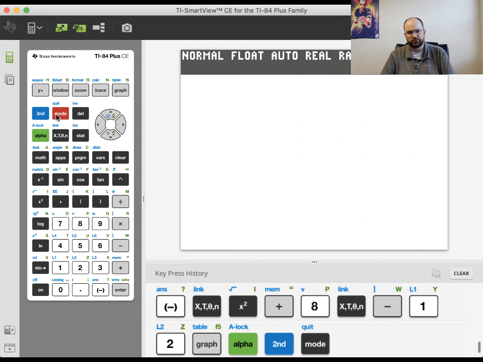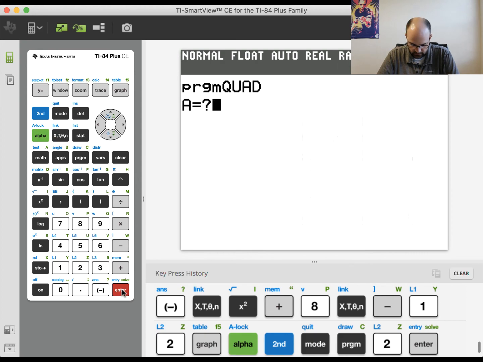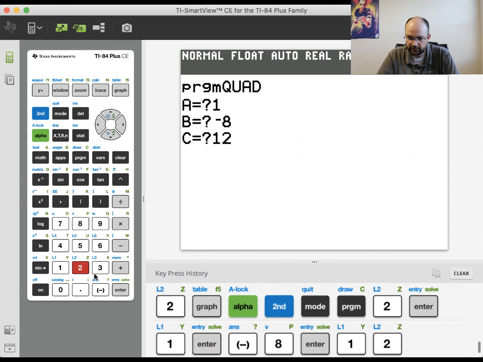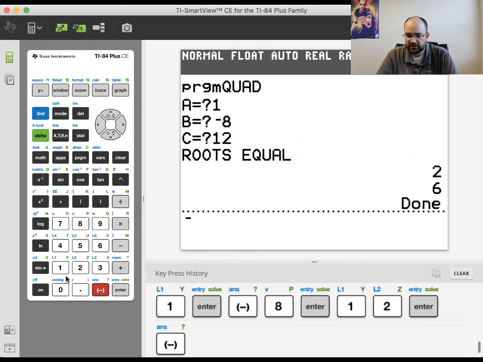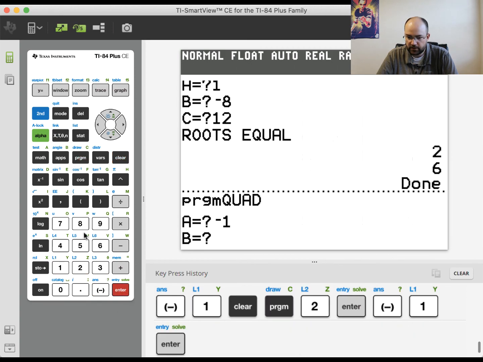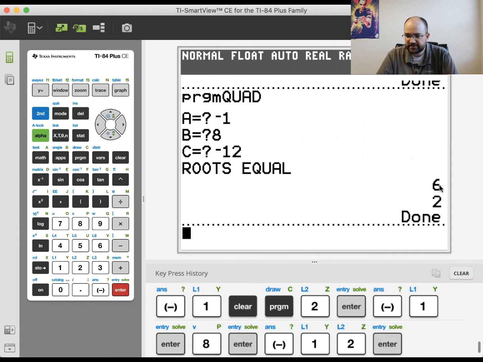So let's use the quadratic formula. Let's say 1 for A, negative 8 for B, and 12 for C. That was what I used. That gives me 2 and 6. Now if I flip that around, making that negative 1, negative 1 for A, B is positive 8, and C is negative 12. Notice it gives me the same values, just flipped around. I still choose the smallest of the two, and that's it.